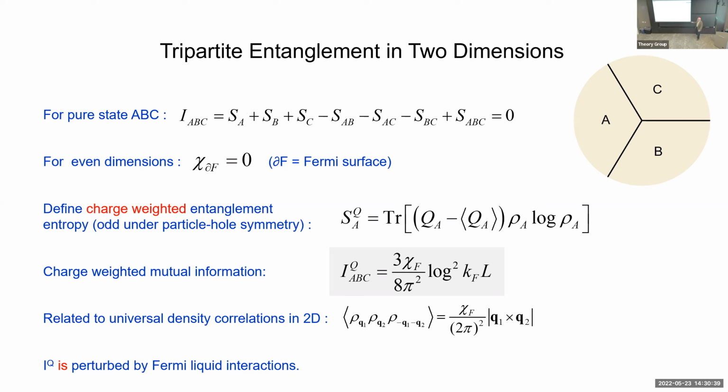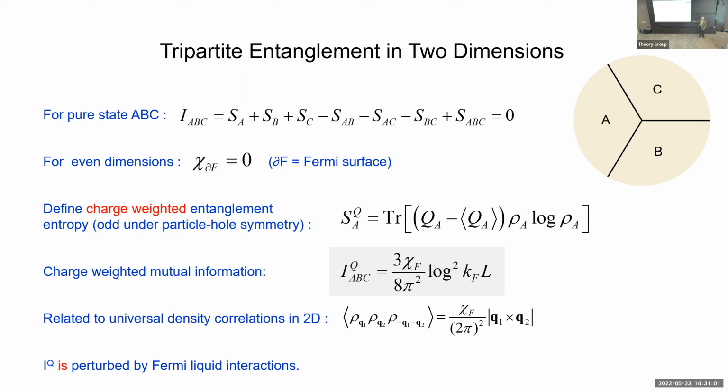Now, one thing about this charge-weighted entanglement entropy, charge-weighted mutual information, is that if we go back and ask what's the effect of electron-electron interactions, then the argument that got rid of them for 1 dimension and 3 dimensions doesn't work anymore.